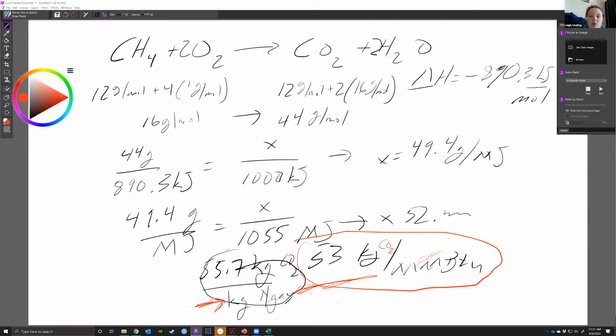If I looked up how many kilograms of gas are per mega BTU, it's something like 0.98. And you just pulled that 55.7 from the internet. Yeah, I pulled that from the internet. Okay.